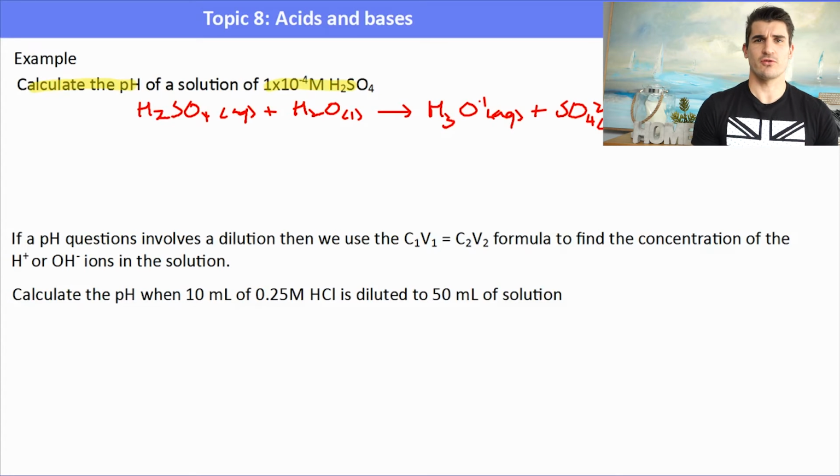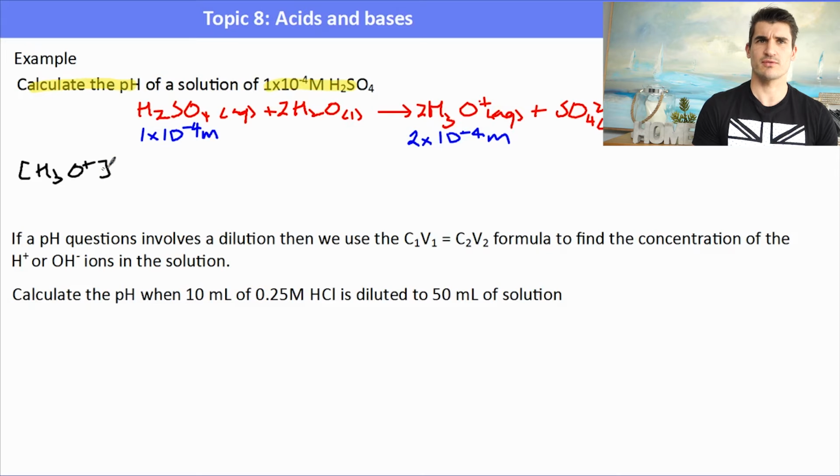So when we get sulfuric acid, which is a strong diprotic acid, we must make sure we write an equation, and that allows us to determine the concentration of the H3O plus. It will be double the concentration of H2SO4. So the concentration of H3O plus will be 2 times the concentration of sulfuric acid, H2SO4. In this case, it's 2 times 1 times 10 to the minus 4, which will give us 2 times 10 to the minus 4.